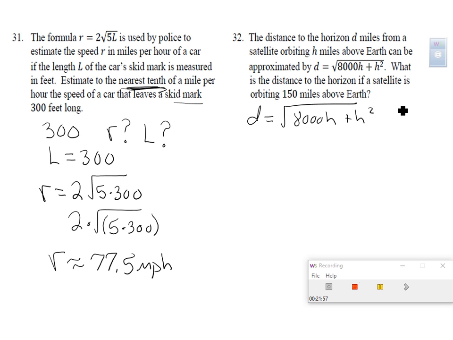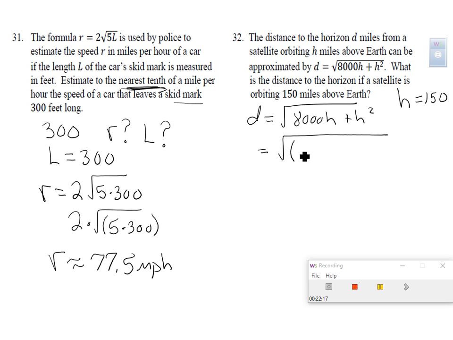Well, guys, it looks like they gave us an H value of 150. Don't worry about rest of the word problem. Read it and decide what they gave you. Now, guys, you're going to do this. You're going to hit your square root button, and you're going to put all of this in parentheses so your calculator knows it's grouped.